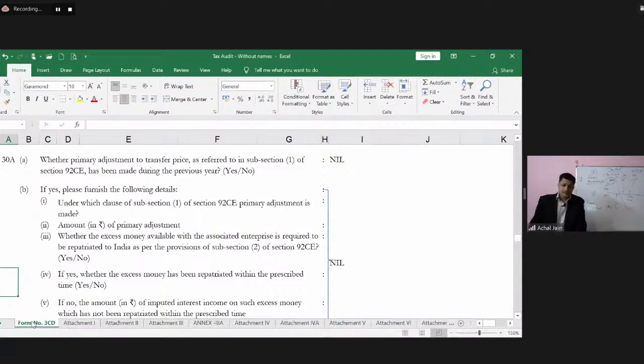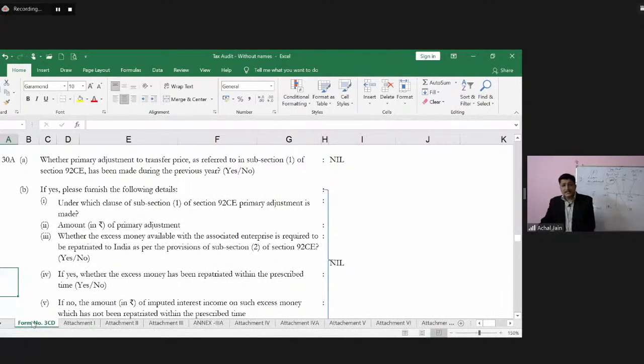If yes, furnish the details of that primary adjustment, amount of primary adjustment, whether excess money was available with the associated enterprise, which is required to be repatriated to India as per the provisions of that section.